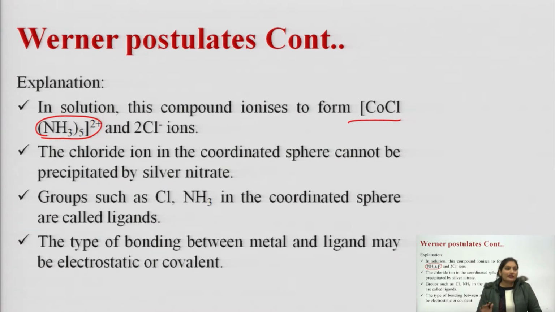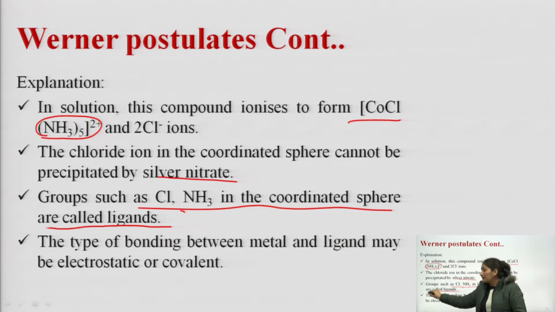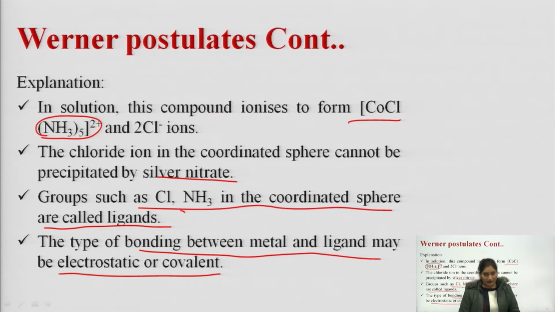What Werner told is that in solution the compound ionizes to form this ion, and the chloride ion in the coordination sphere can't be precipitated by silver nitrate, and the groups such as chloride and amine in the coordination sphere are called ligands. Last one is the type of bonding between metal and ligand may be electrostatic or covalent bonding.